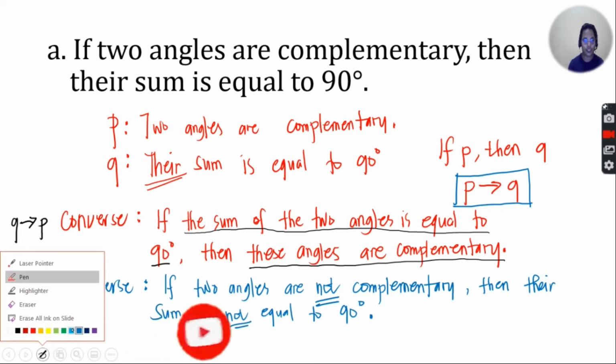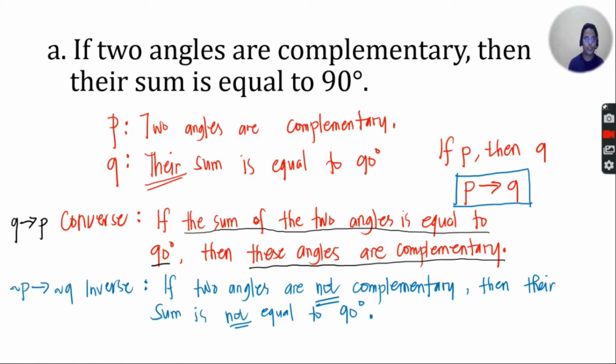Then, pagdating naman sa contrapositive, we're going to negate the converse, Q implies P, so it becomes not Q implies not P. Yung ating converse, ininegate po natin siya, both hypothesis and conclusion po.